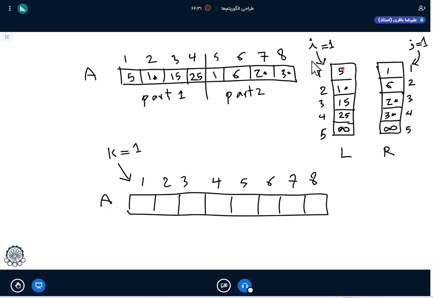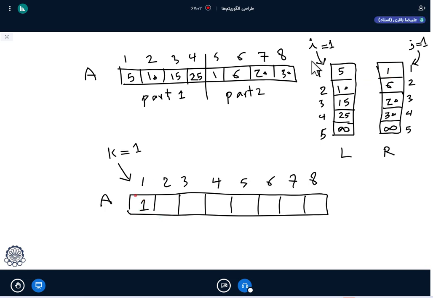Because 5 is the minimum of L and 1 is the minimum of R, the minimum of these two values is the minimum of the original array. So we compare these two values. Any of them which is minimum is copied in the original array A.